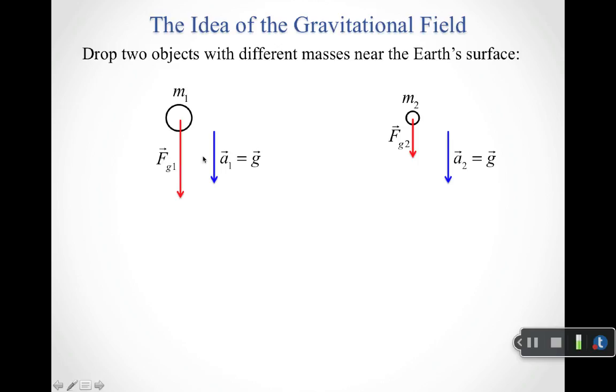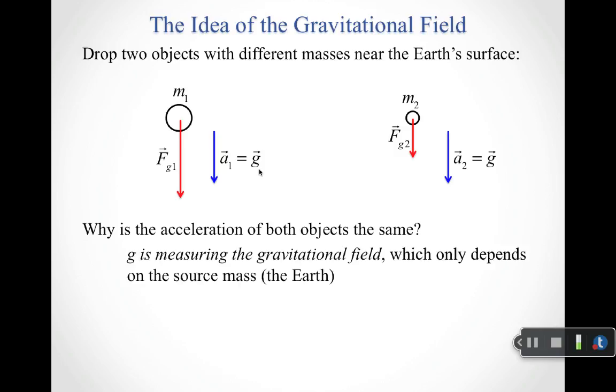But when I think about the gravitational acceleration, the gravitational acceleration didn't care about the mass that I was dropping. Right? You drop some large ball or some small ball, and they're both going to fall with a gravitational acceleration equal to 9.8 meters per second squared. And the reason this makes sense, so why is the acceleration of both objects the same?